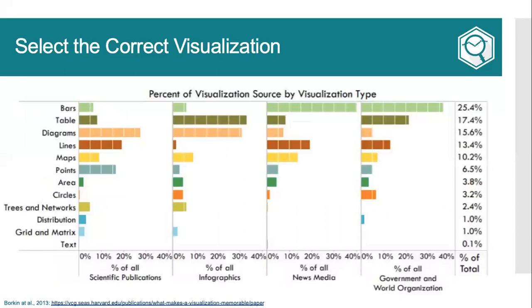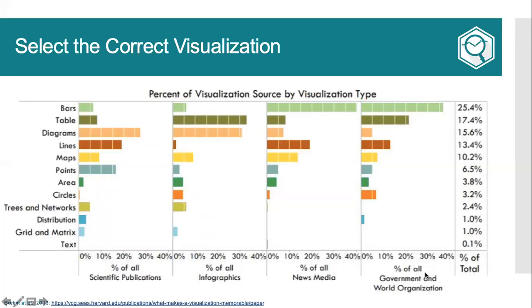So this visualization is from a 2013 study that came out of Harvard University that shows various types of visualizations and how popular they are in different sectors. So for example, scientific publications, and then all the way over here, government and world organizations.